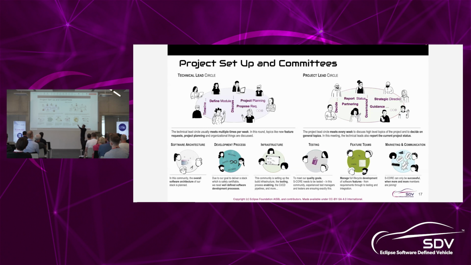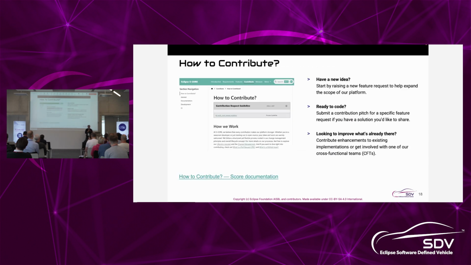There's a tech lead, so we will keep talking about high-level architecture, how to integrate, what would be the next features. And then there are different communities set up, again transparent in the GitHub environment, with all the meeting minutes in there, et cetera, et cetera.